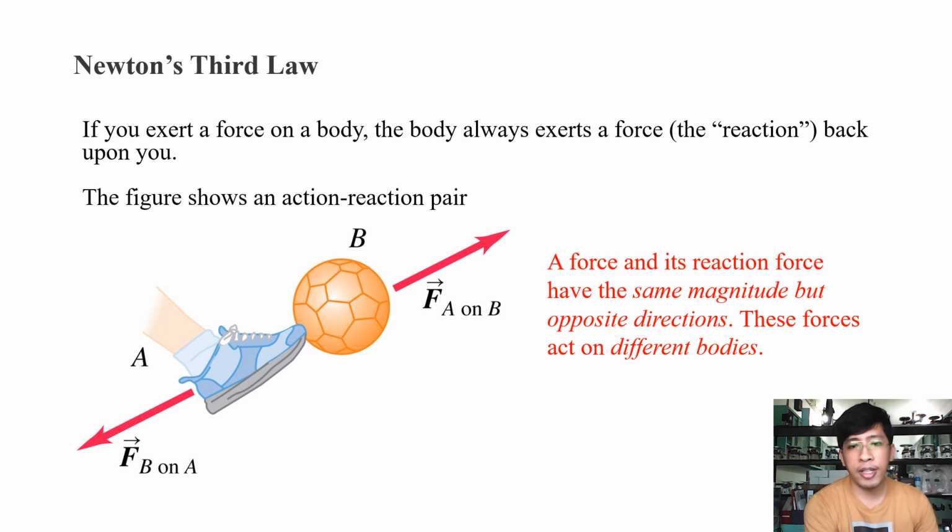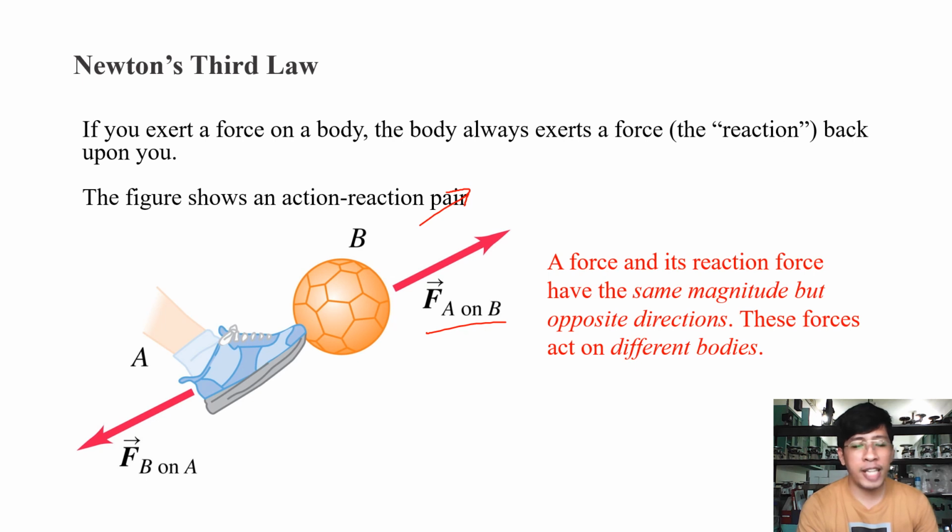You have a soccer ball and you kick the soccer ball with a force of F A on B. So you are system A and the ball is system B. While you kick the ball, you apply a force of F A on B, which goes in this direction. And since for every action there is always an equal but opposite reaction, the ball is actually also kicking on you.